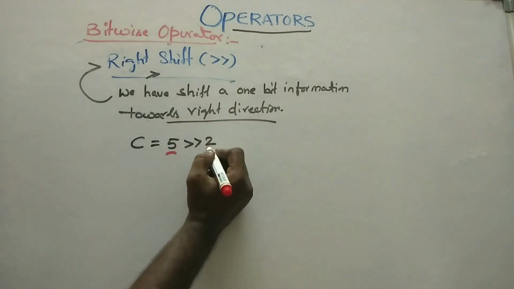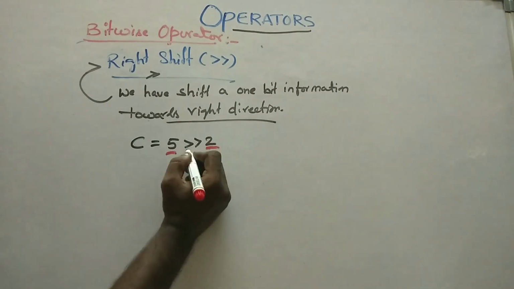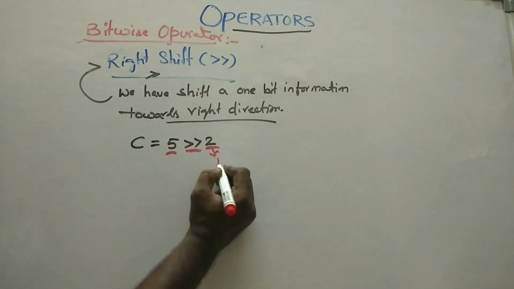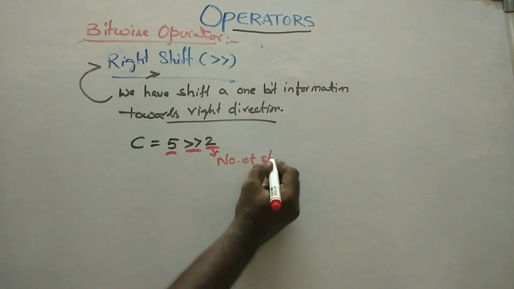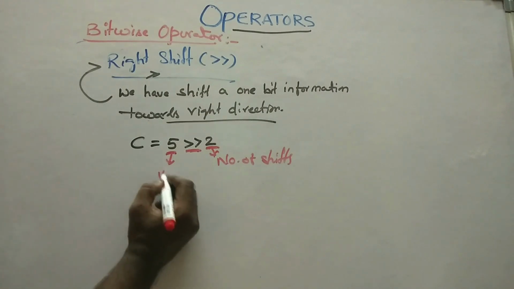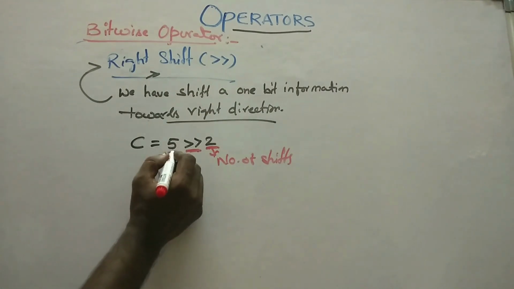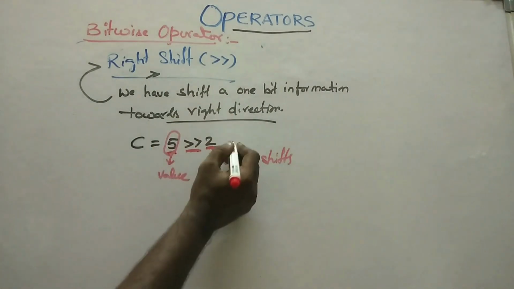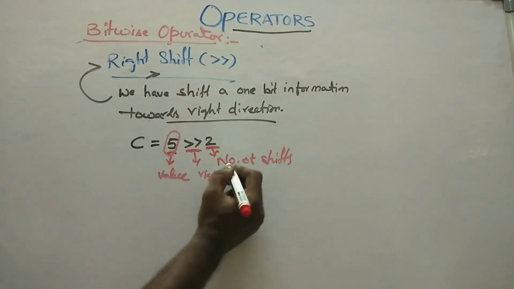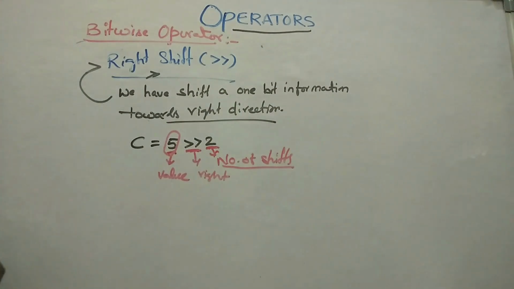How many shifts do you want to perform? 2 shifts. Which direction? Towards the right direction. This represents the number of shifts, and this represents the value. Which value do you want to represent? The value of 5. I want to shift towards the right direction, two shifts, right? Then how do we move?